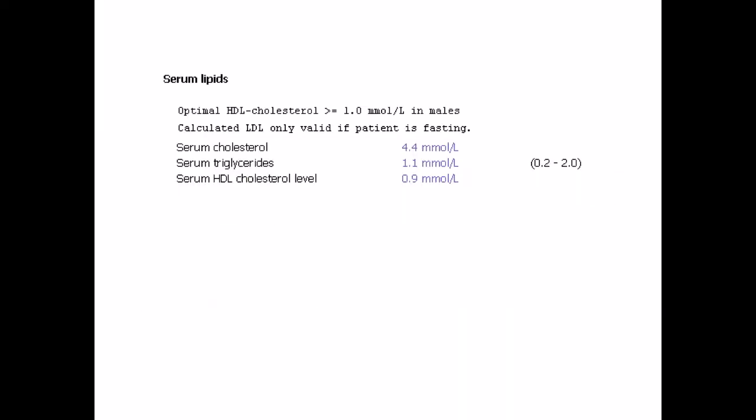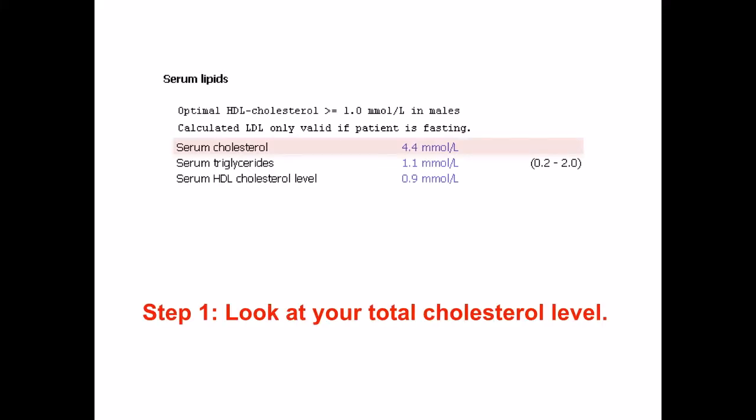In this second example, we once again have your total cholesterol level at the top and your HDL cholesterol level at the bottom. As before, we want you to look at your total cholesterol level first and check that this is less than 7.5.